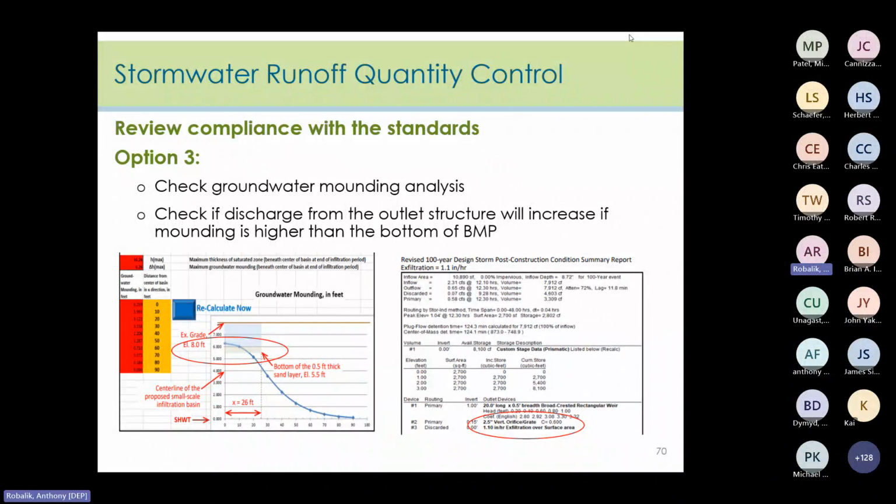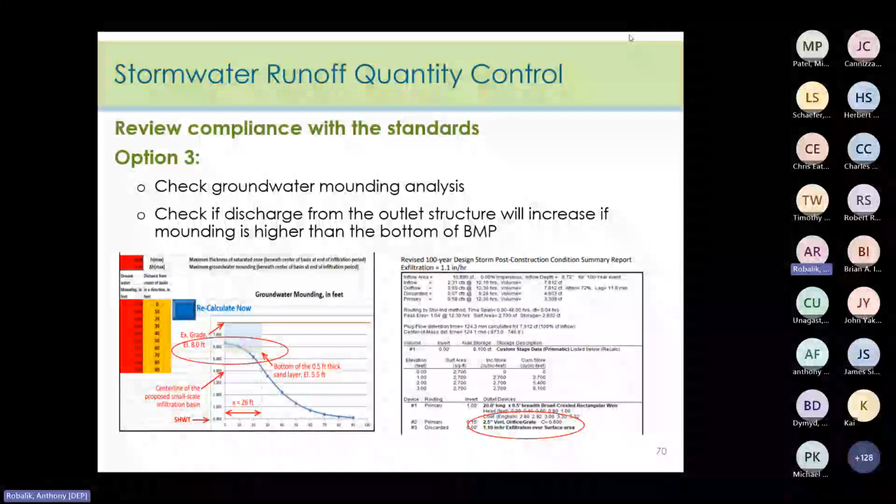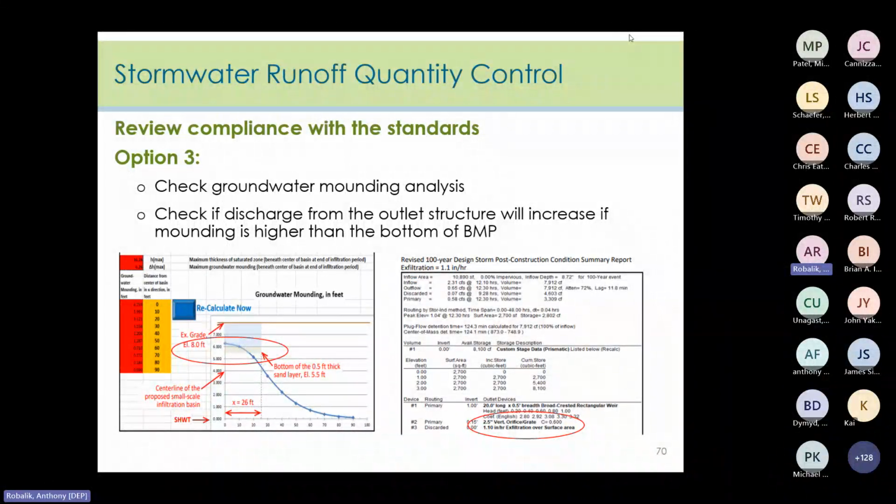And if more flow is discharged from the outlet structure, then you should also check to see if the peak flow rate from the BMP is still below the maximum allowable peak flow rate. And if the discharge flow rate is going to be above the allowable peak flow rate, then the basin size or the outlet structure may need to be adjusted to provide more storage volume during the design storm.